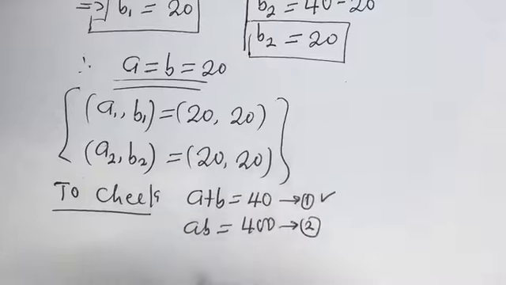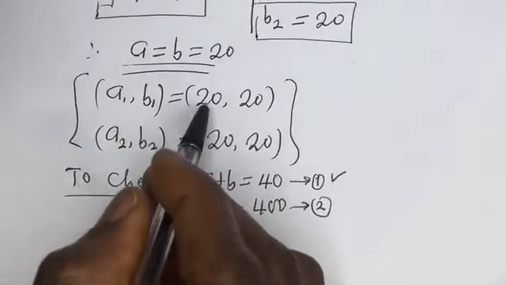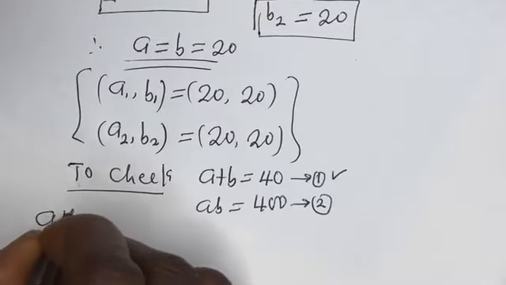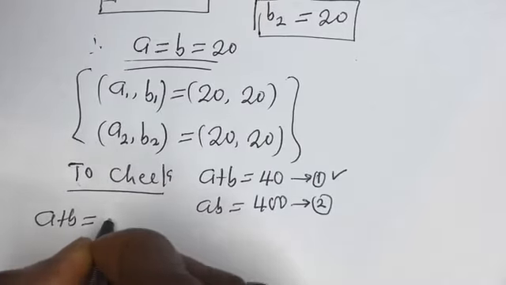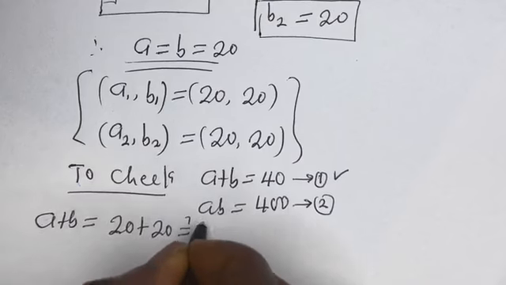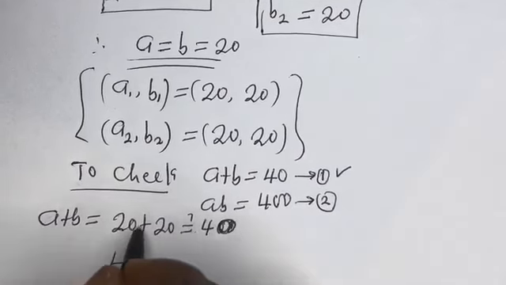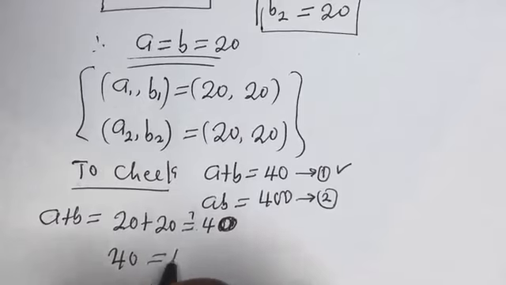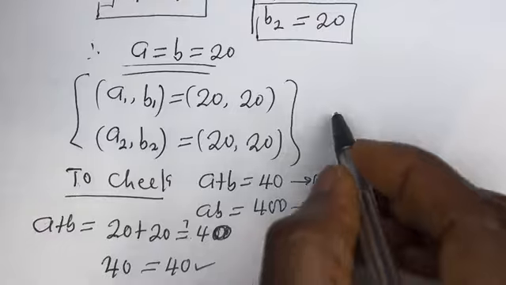Then let us consider this. When A is 20 and B is 20, we have A plus B. This is equal to 20 plus 20 must be equal to 40. 20 plus 20, this is 40, is equal to 40, which is true.